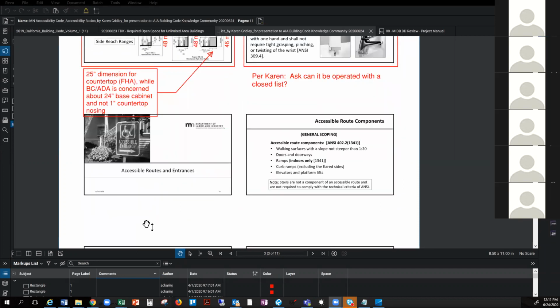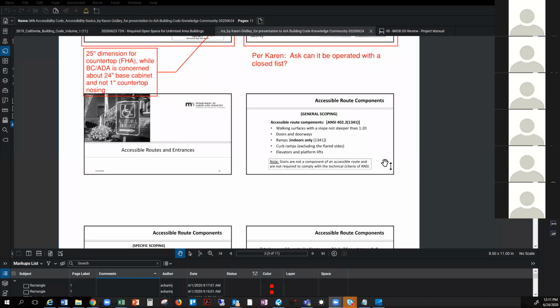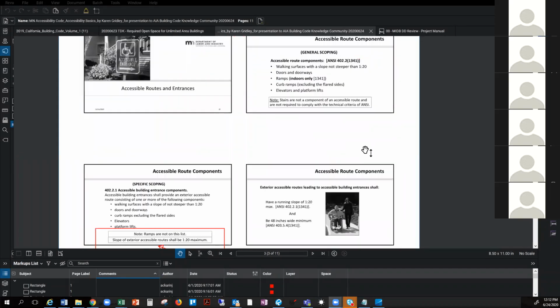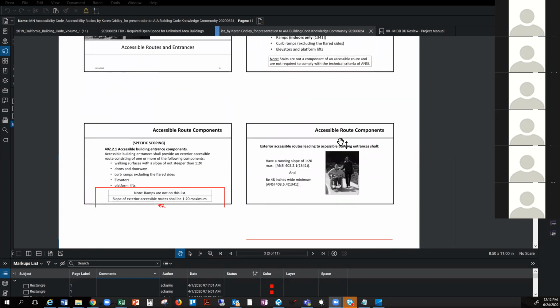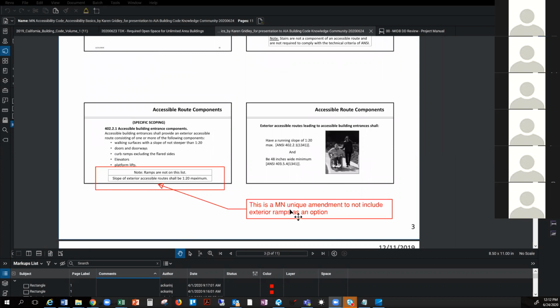So accessible routes and entrances, there are some changes here. Some of these, the general scoping, the 1 to 20, indoor ramps, curb ramps, elevators, and platform lifts. We won't get into all the details, but those provisions are still applicable. One thing that I wanted to emphasize is Minnesota's unique amendment to not include exterior ramps as an option.